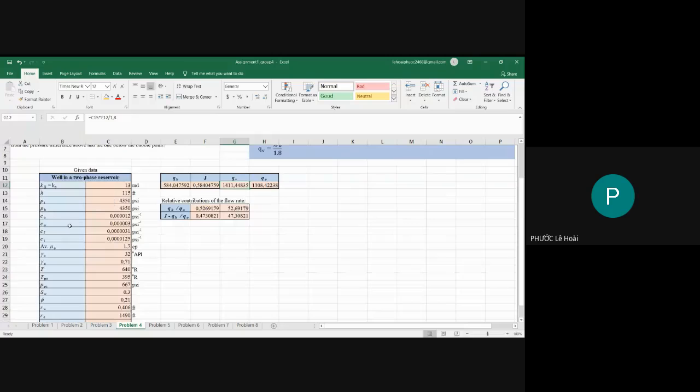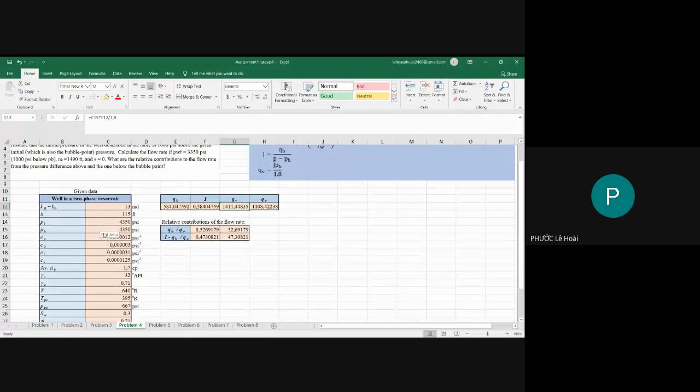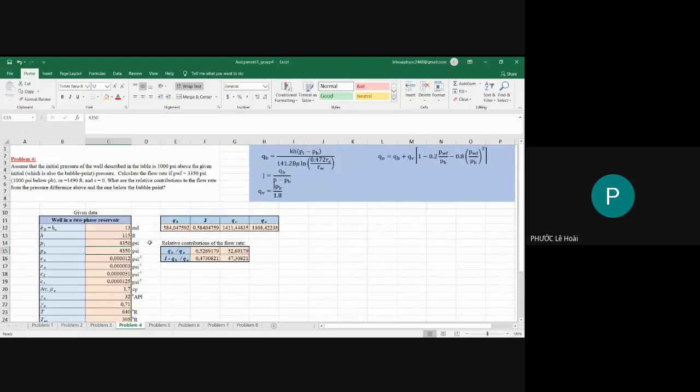C15. We use this number and multiply by b, then we divide by 1.8.